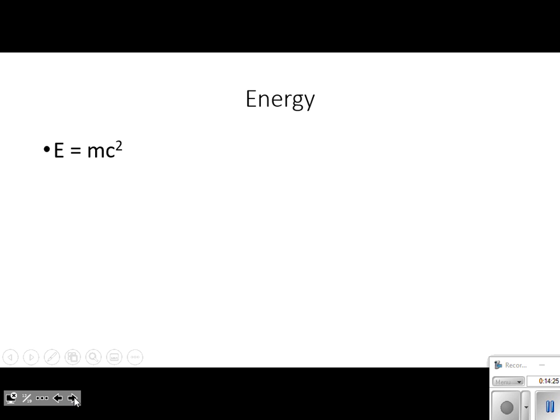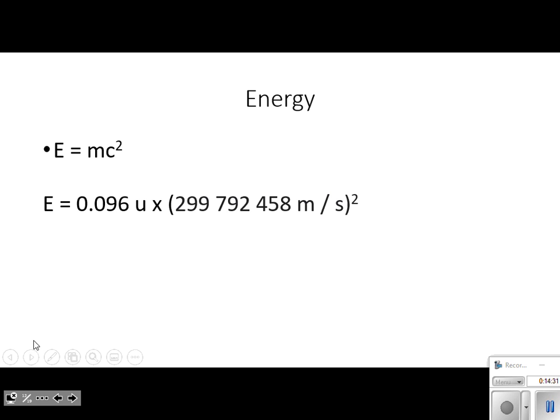Well, let's throw into this E equals mc squared. We just said that I had 0.096 atomic mass units. That was my mass defect, right? I take that and I multiply that. I got this off of the internet, the speed of light, exactly what the internet gave me.